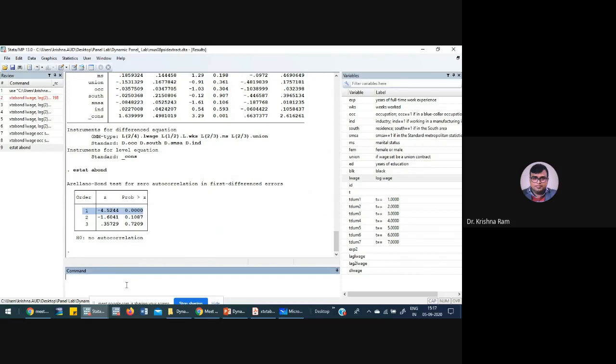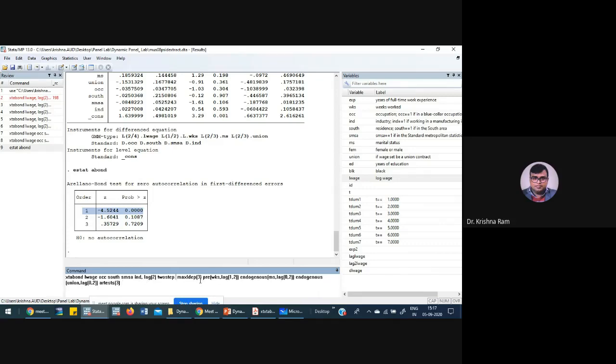The next one, as I told you, is the Sargan test, which tests whether the model has used more than the required instruments. For that test, we need to run a regression model without robust standard error.